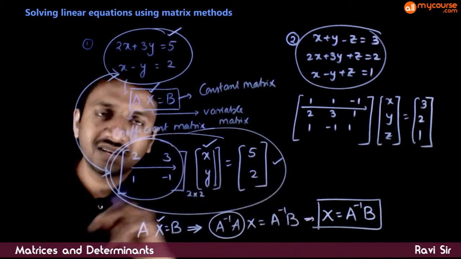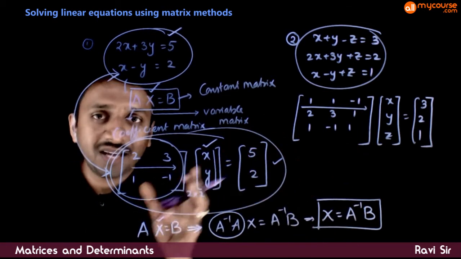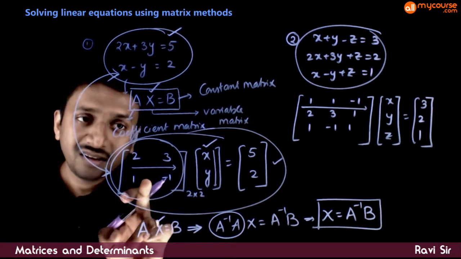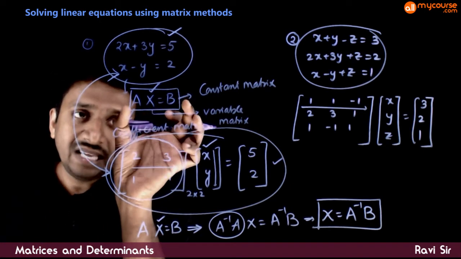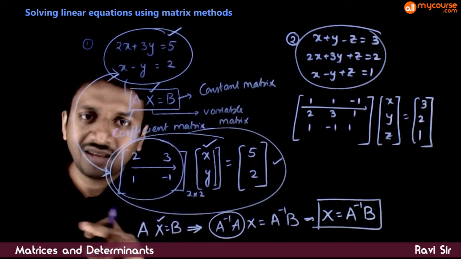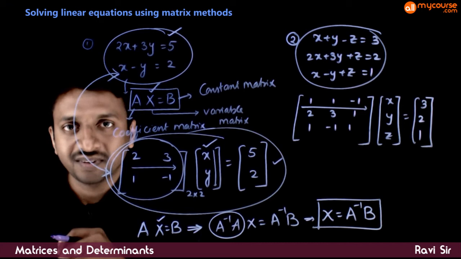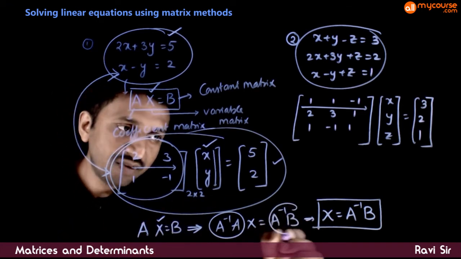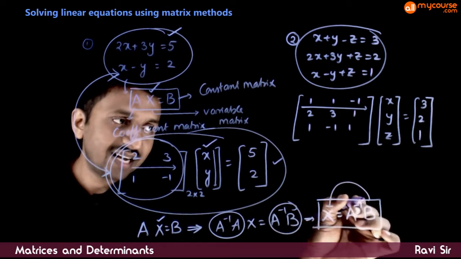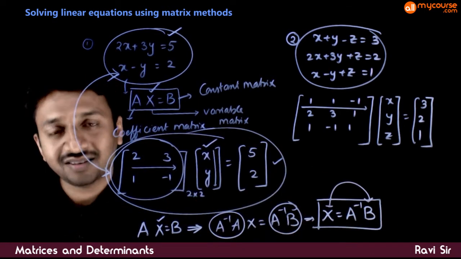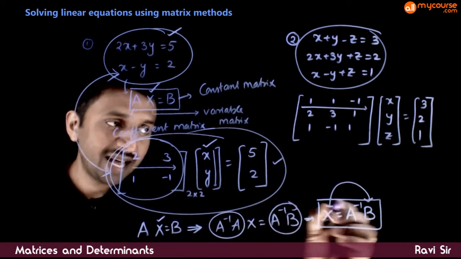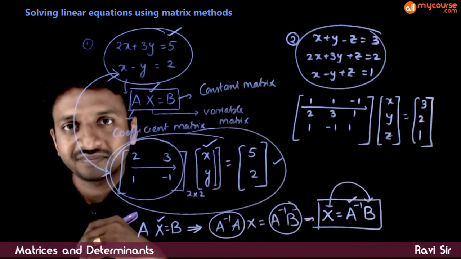The crux of this concept is that whenever you have an equation of the form AX is equal to B, you just need to multiply with A inverse on both sides. A inverse into B will give you a column matrix which is exactly equal to the variable matrix. That is the solution. That means a unique solution exists as long as A inverse exists.